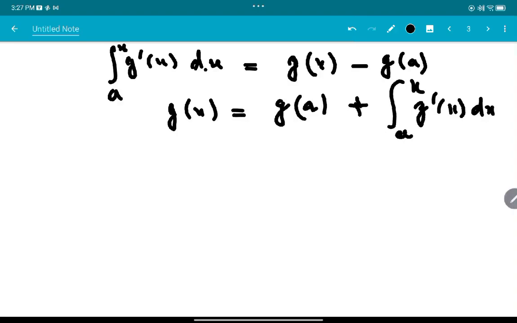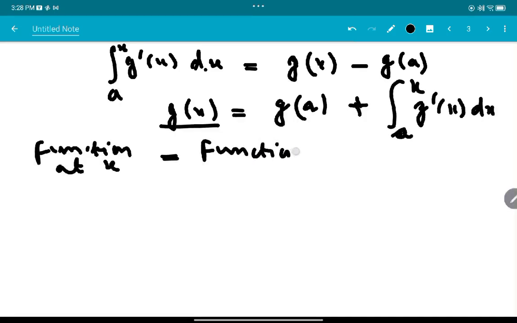Now, having said this, the same thing can be written as: gx, the value of the function at x, is equal to the value of the function at a, plus the integral from a to x of g dash x, that is the derivative.